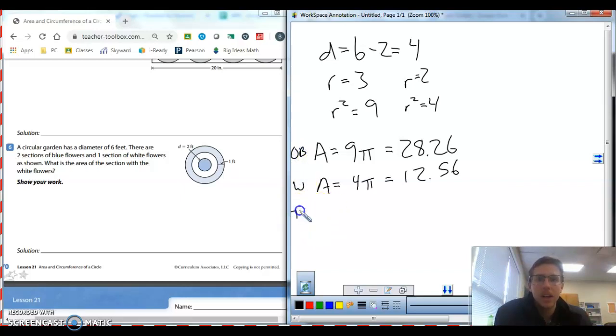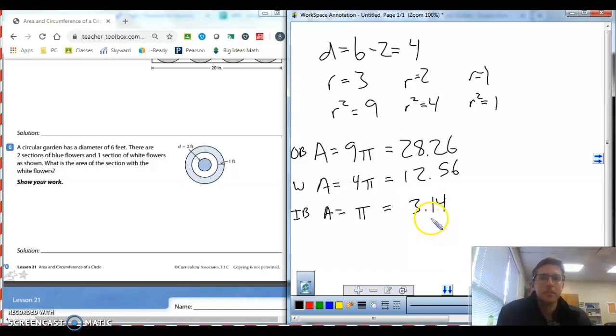Now we need the area of the inner blue. Well, the diameter is 2. That means that for this, radius is 1. And that means radius squared, 1 times 1, is still 1. So that means the area of the inner blue is just pi, right? So that would be 3.14.